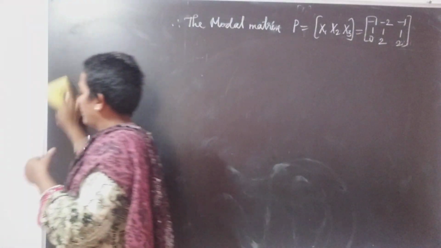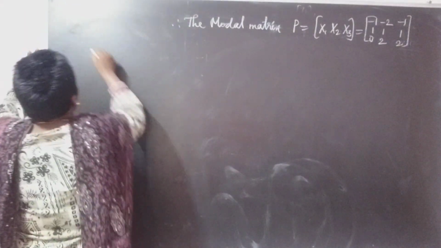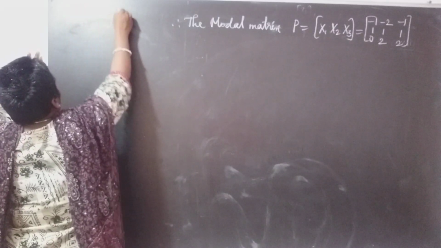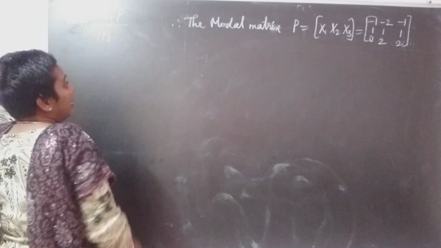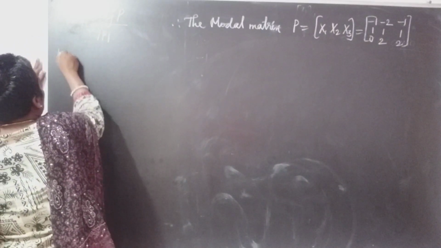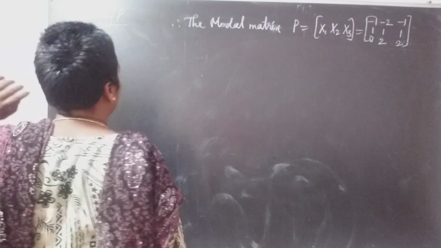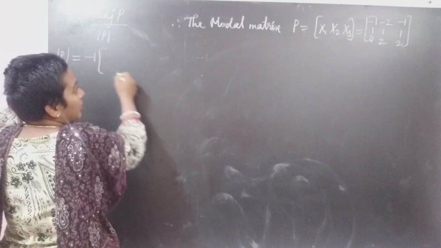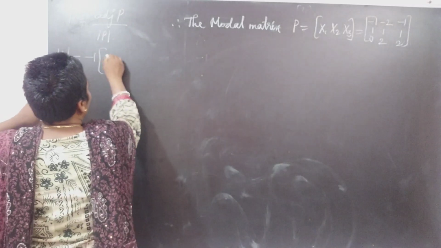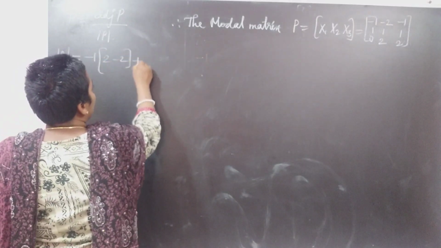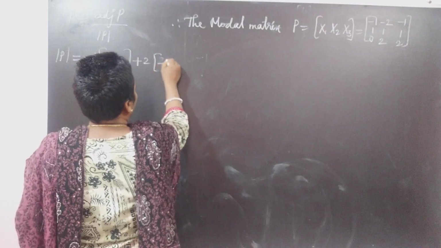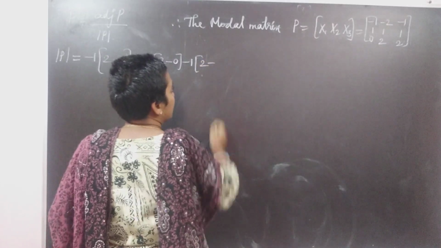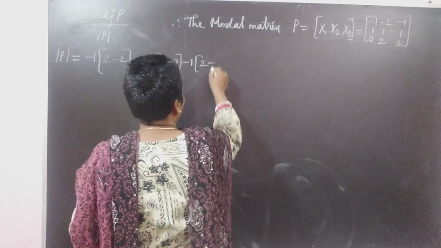From the model matrix, we can find out the inverse. P inverse is equal to adjoint of P by determinant of P. Now we can find out the determinant of P. Determinant of P equal to minus 1 into 1 2 is 2 minus 2, plus 2 into 1 2 is 2 minus 0, minus 1 into 2 minus 0 minus 0 is 0.